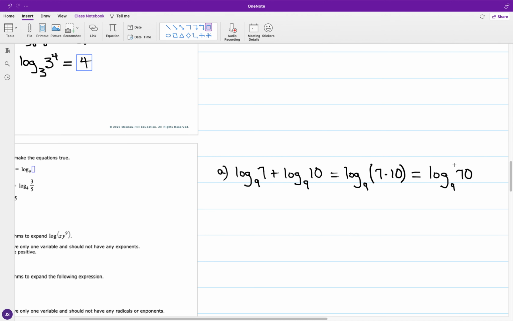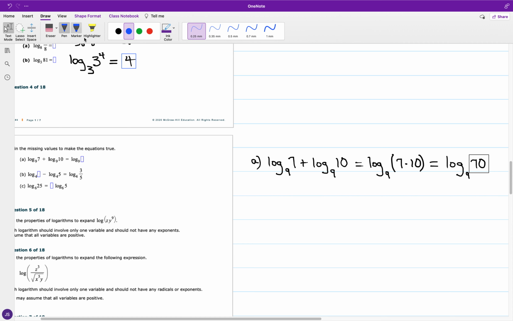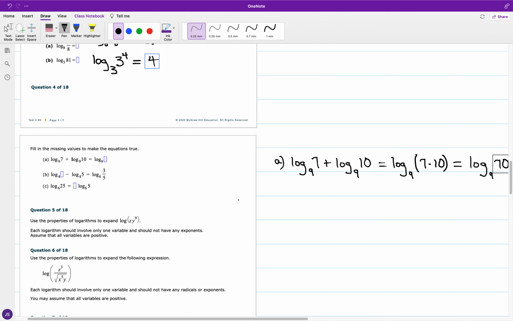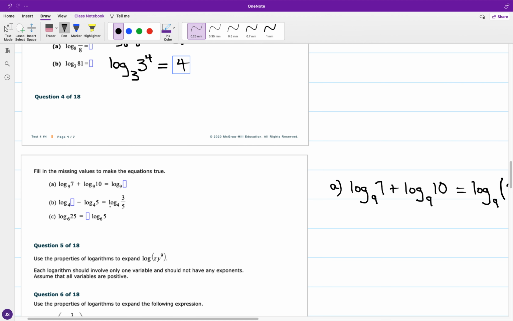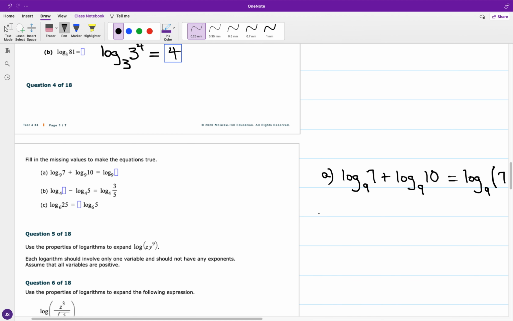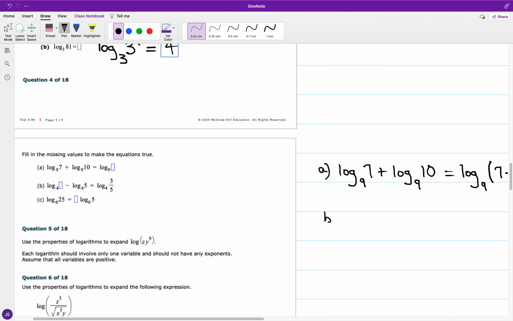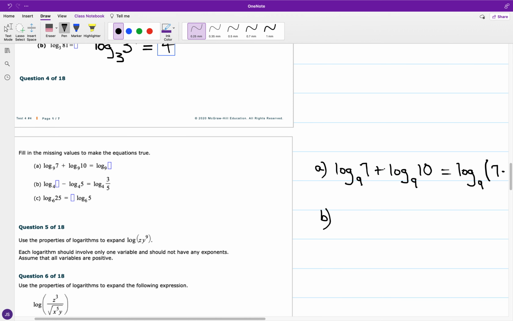Now in part B, we have a difference of terms, and subtraction implies division. If you see the boxed missing value already, that's fine.